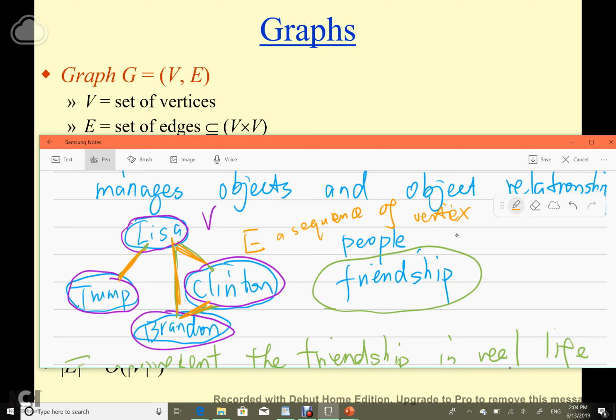Vertex to vertex pairs. So this corresponds to E, right? This consists of the relationships of the nodes. Okay, so now we would like to go back to here.